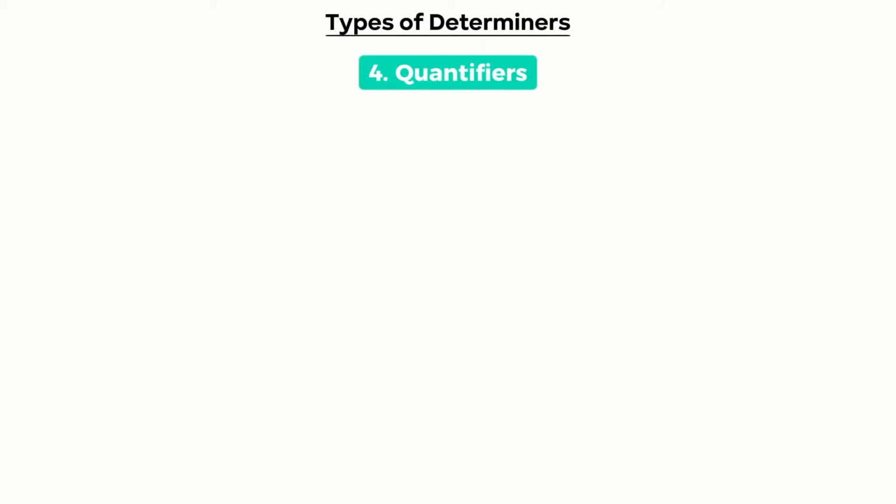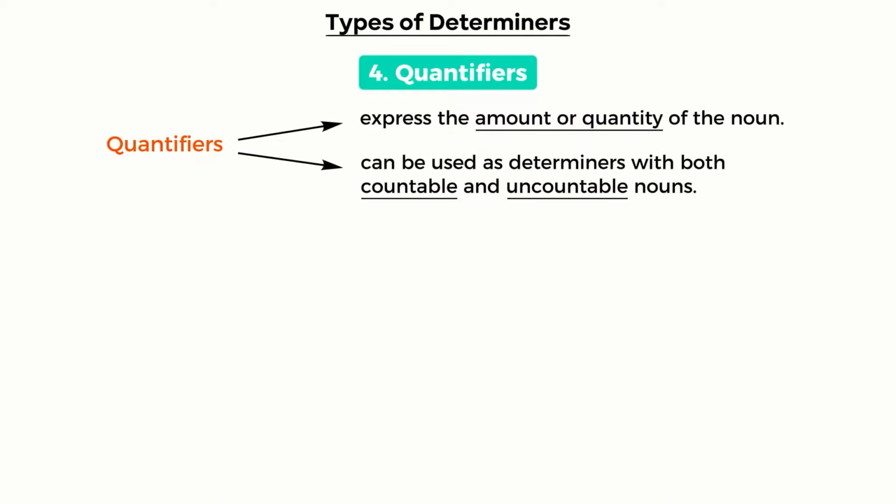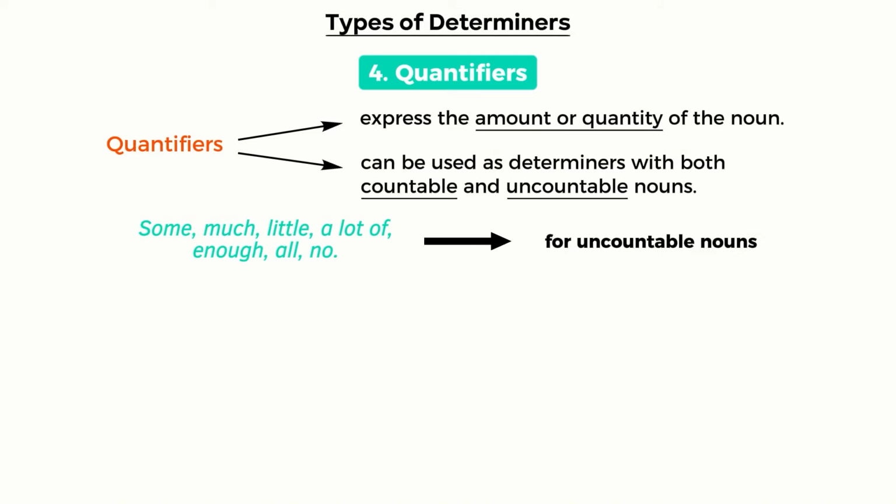4. Quantifiers. Quantifiers are used to express the amount or quantity of the noun. They can be used as determiners with both countable and uncountable nouns. Some, much, little, a lot of, enough, all, no. They are used for uncountable nouns.